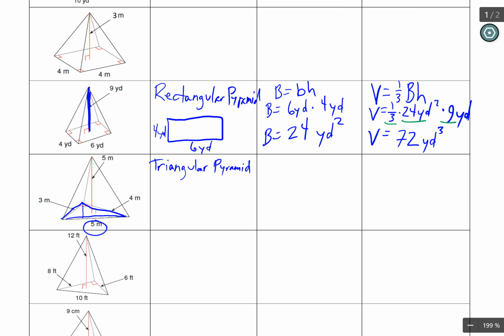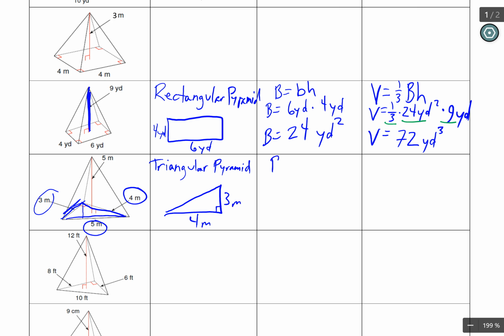I don't know what the height of that triangle is. But if I rotate my base shape around, so I have my 90-degree angle at the bottom, then now it's really easy. I have 4 as a base, and a 3 as my height. That makes it much easier to calculate.